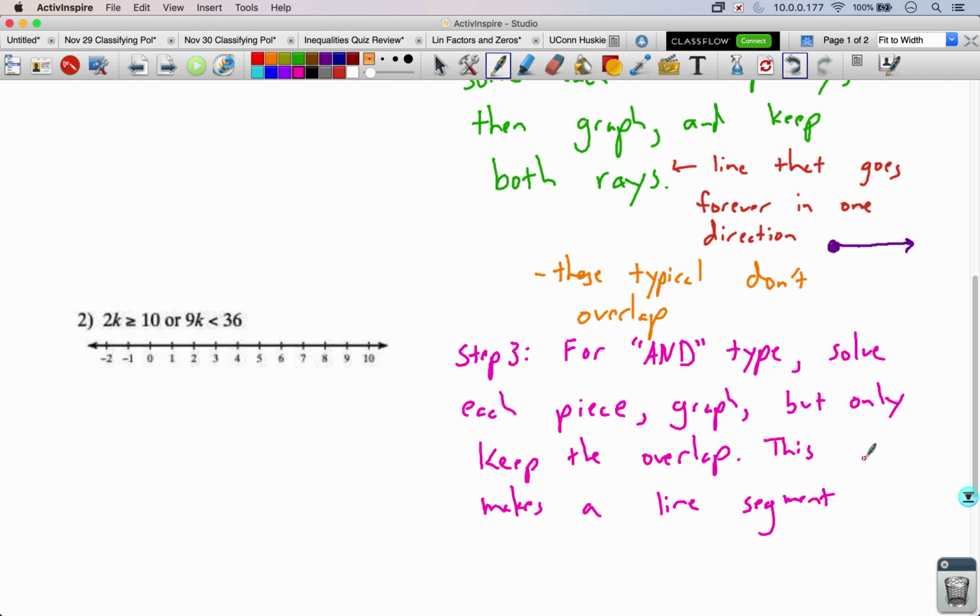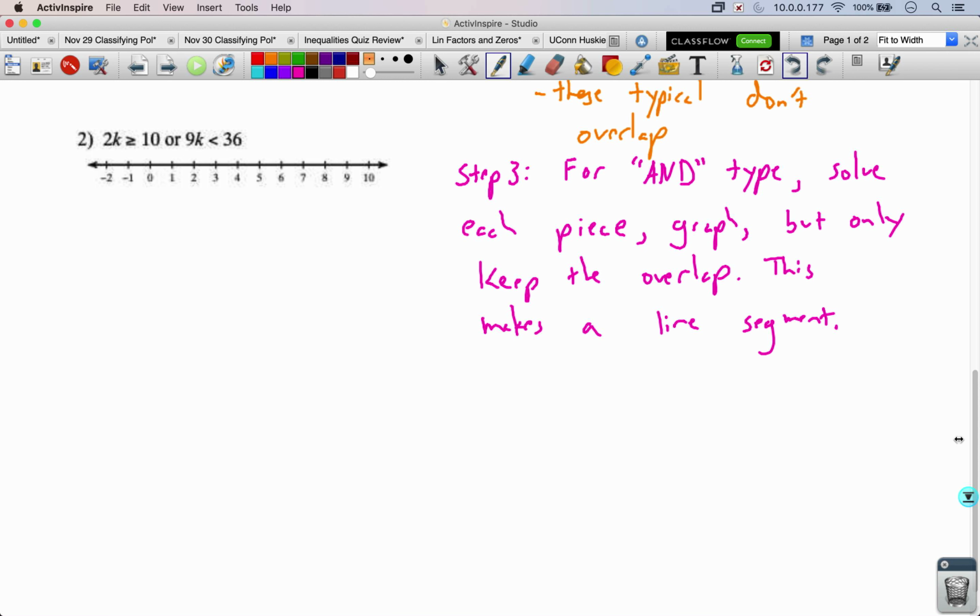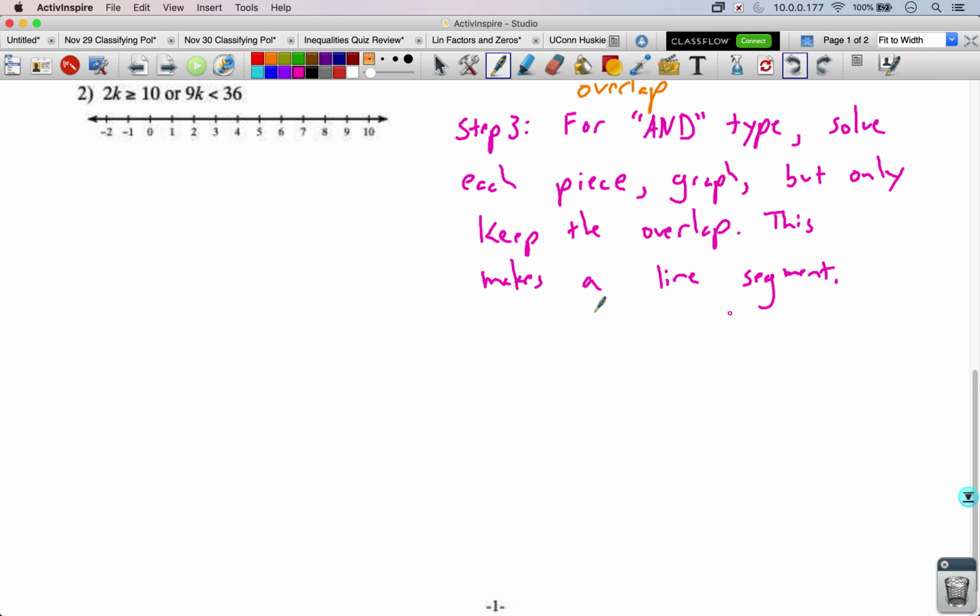All right, and then let's deal with how we solve those single line inequalities.